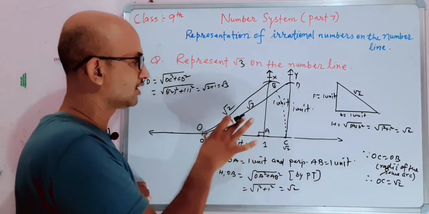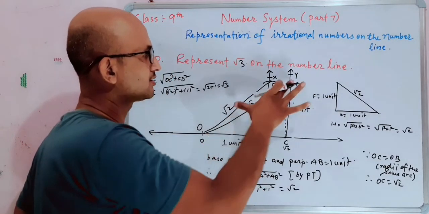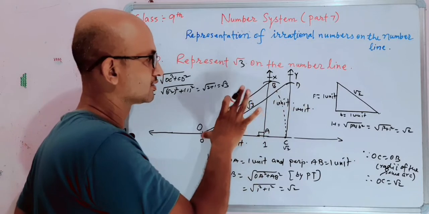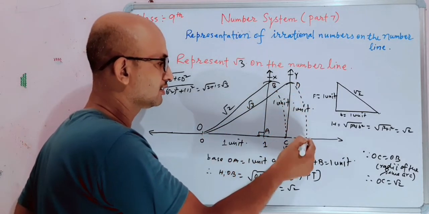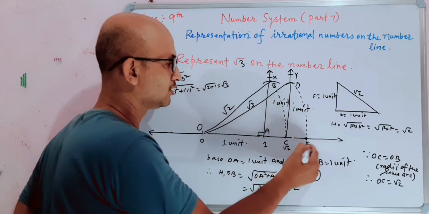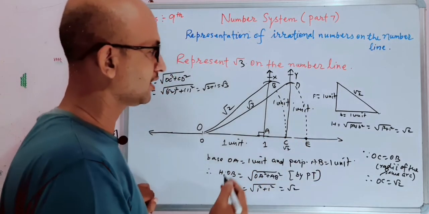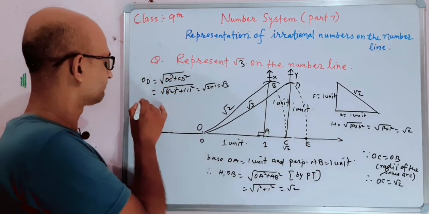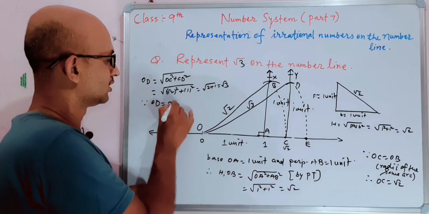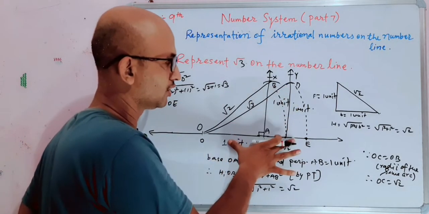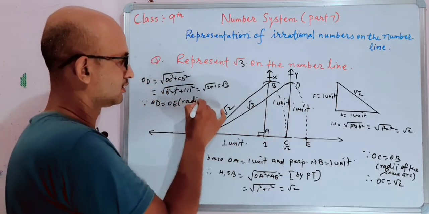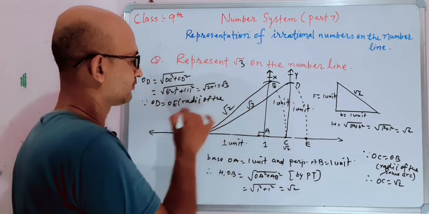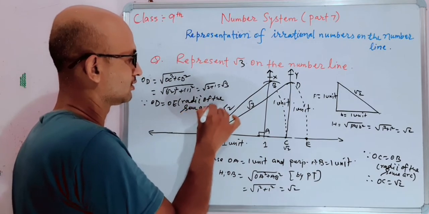Now taking O as center and this length OD as radius, we draw an arc and this arc cuts the number line at a point. Name this point as E. Again, OD and OE are radii of the same arc.